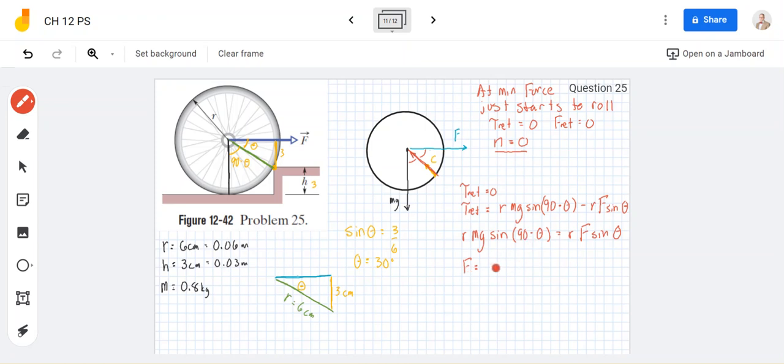R's magically disappear, and I end up with mg sine (90 minus theta), all divided by sine theta.